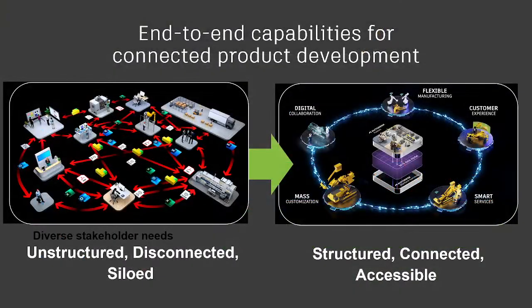So a final thought here. We started off looking at a process that was potentially very unstructured, disconnected, lots of silos, and the digital prototype can be the start of creating a structured, connected, and accessible ecosystem where the design is easily updatable and configurable, even up to the point where it could be ported to a website where the customer directly customizes their product without an engineer needing to be there to change it.